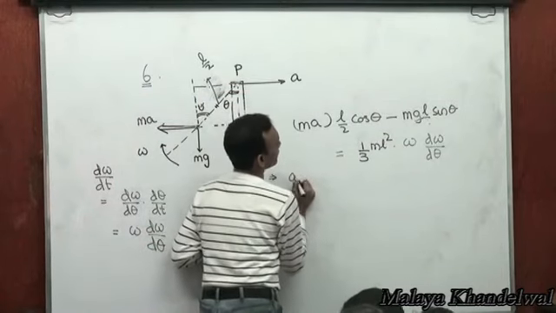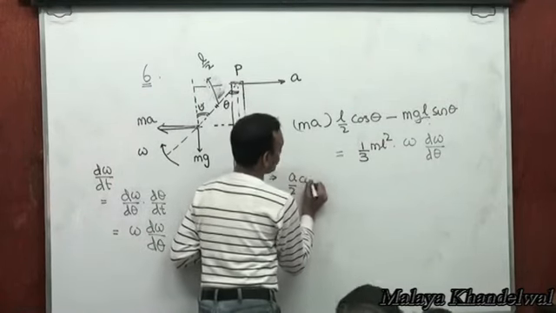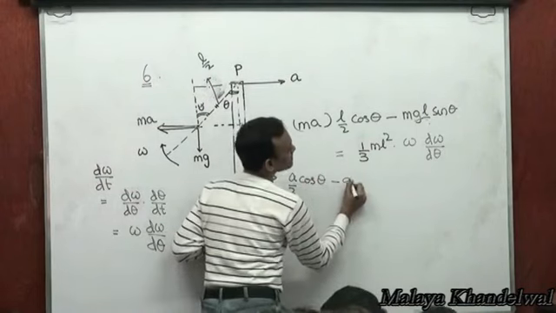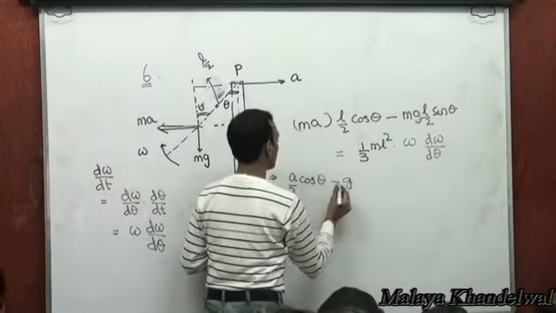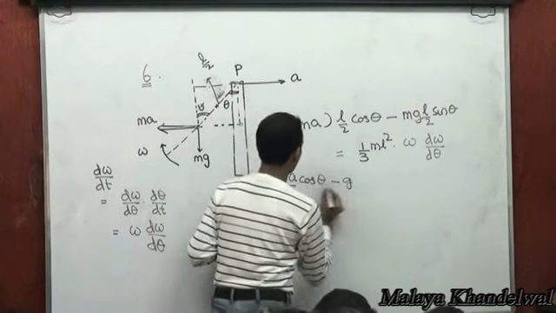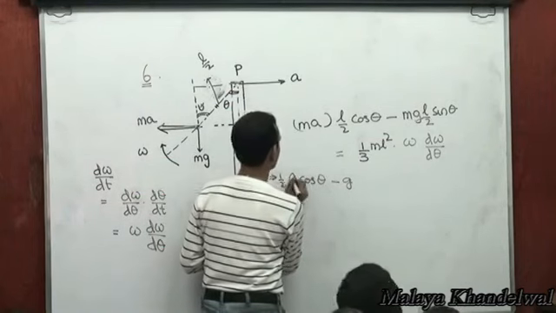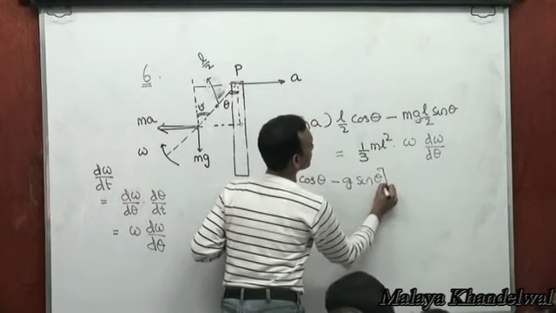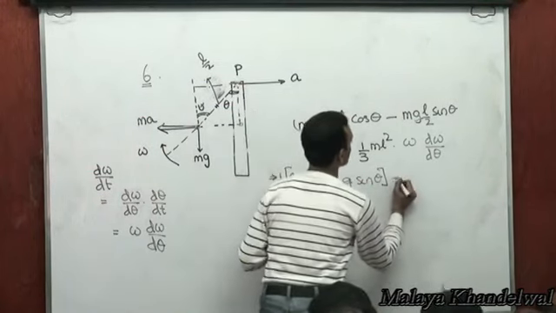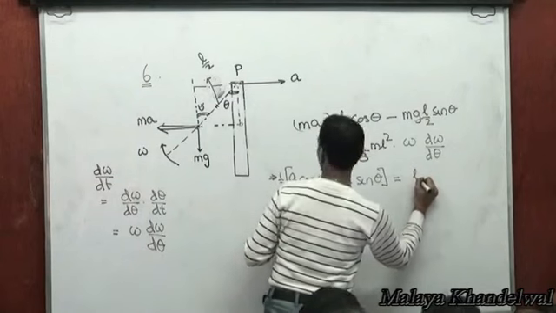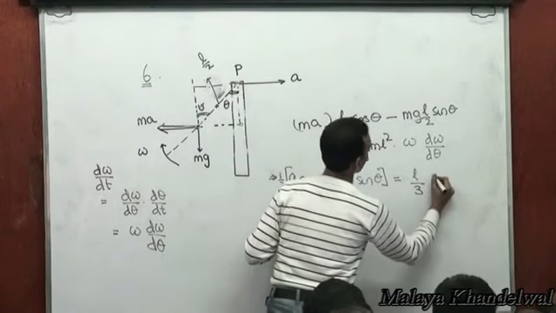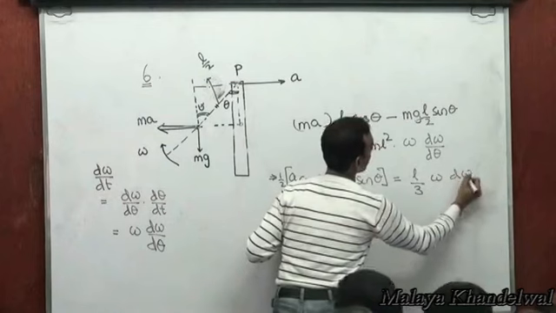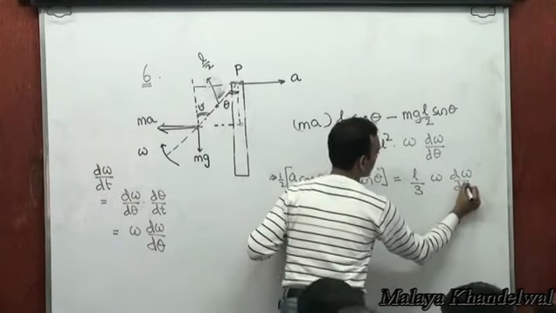We have a by 2 cos theta minus g, or half I can take common, a cos theta minus g sin theta is L by 3 omega d omega d theta, right?